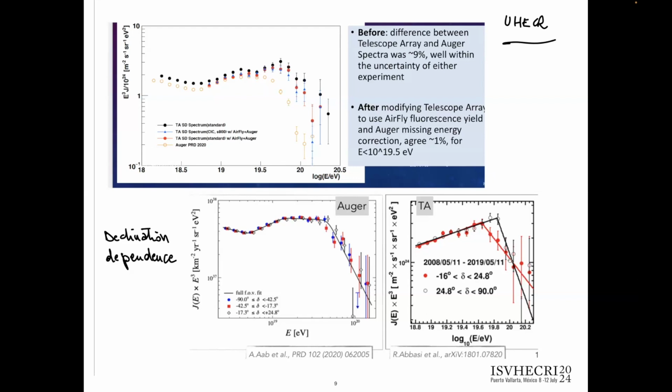In red, you see the declination band that is superimposing with Auger. In black, the northern part. And what was claimed by TA is that this is an astrophysical reason. The spectra are different in the north and in the south.